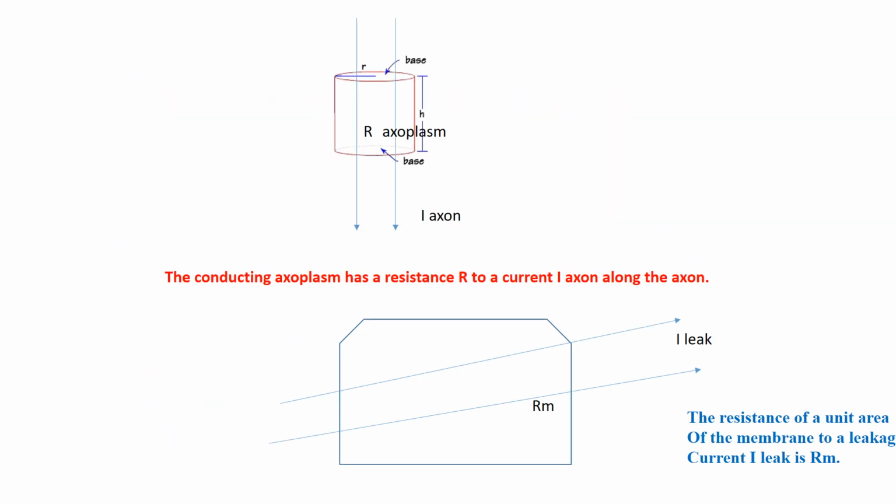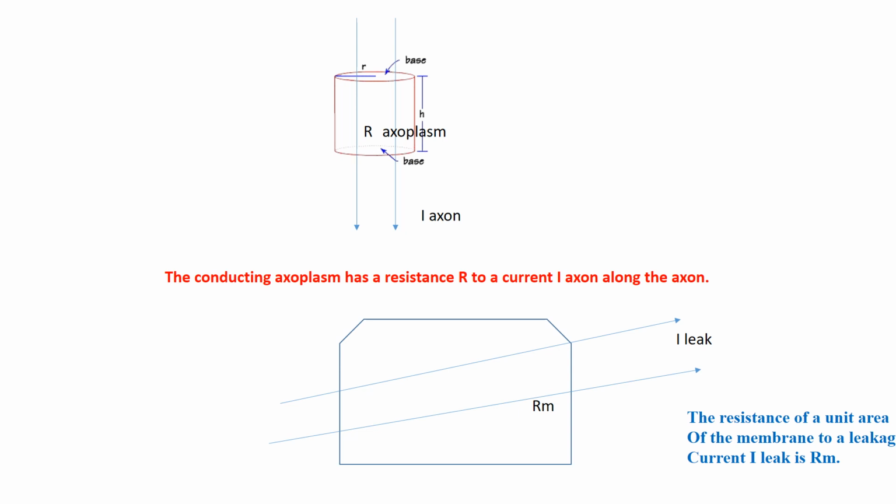As we have seen in the previous slide, the axon can be visualized as a cable, which is a conductor that contains a conducting fluid called an axoplasm.